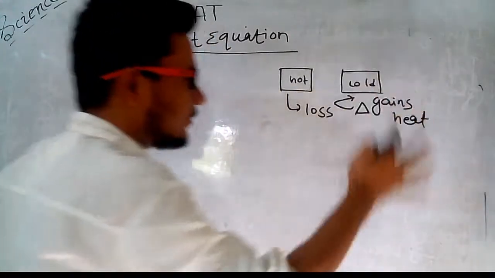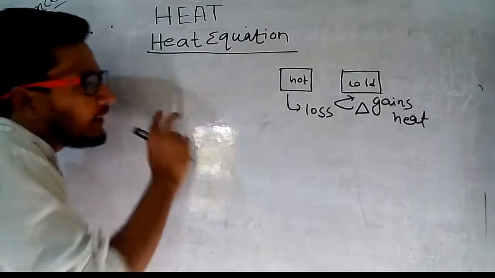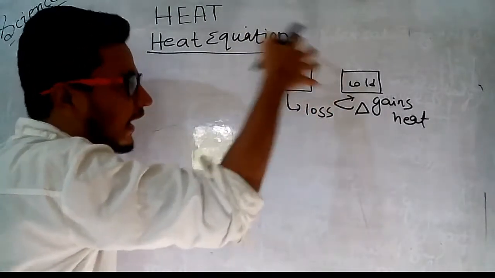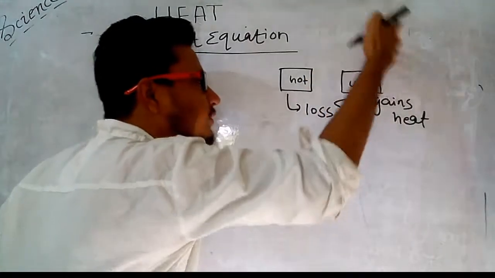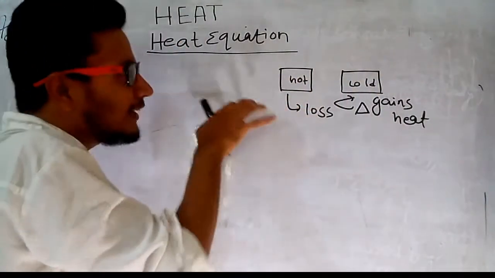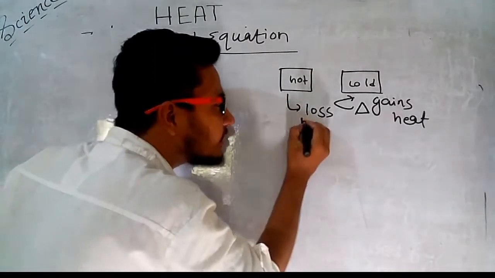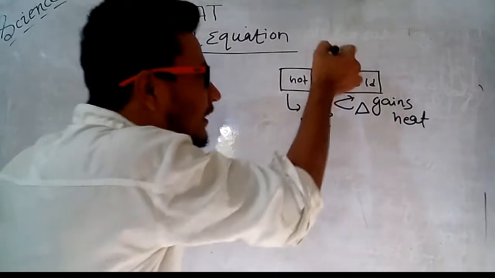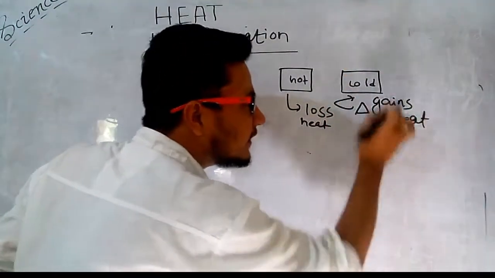Listen very carefully. In the heat equation, consider two bodies: the first is a high temperature hot body and the second is a low temperature cold body. When we leave the hot body, it loses heat, and when we heat the second body, the cold body, it gains heat.